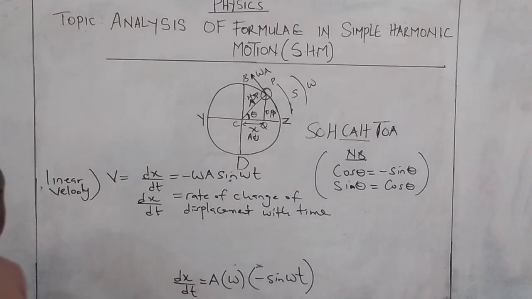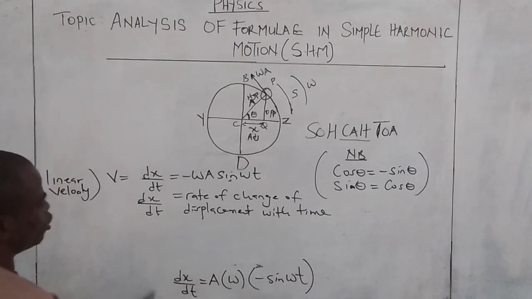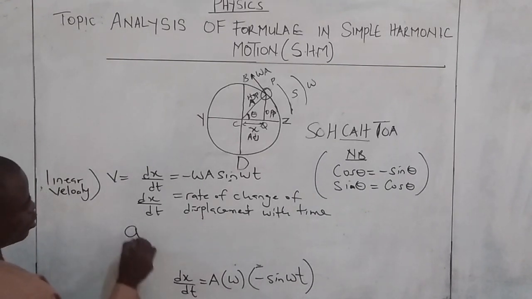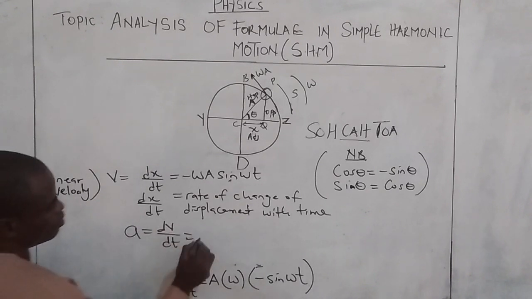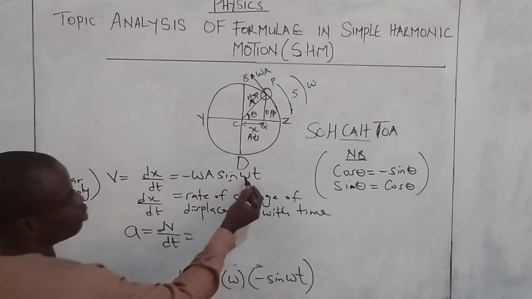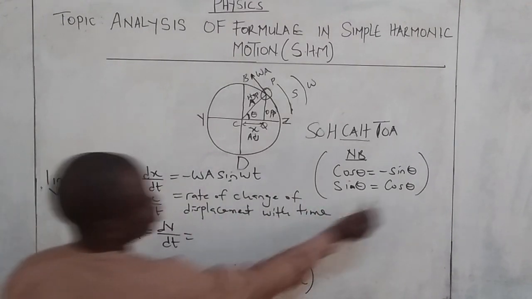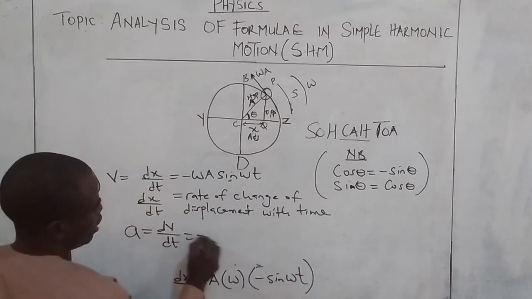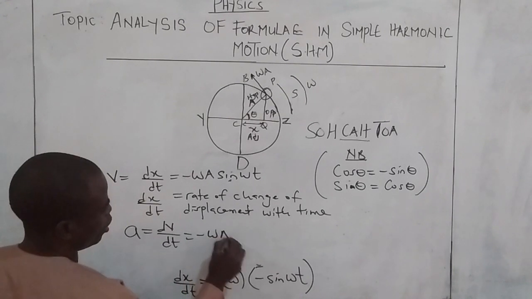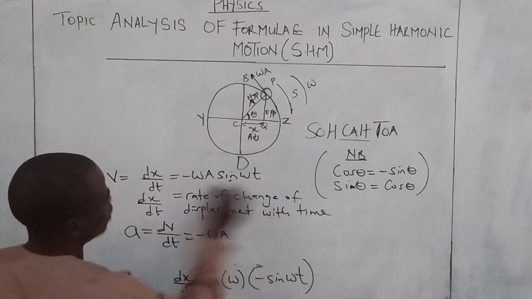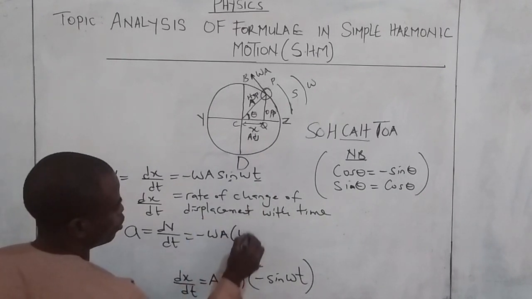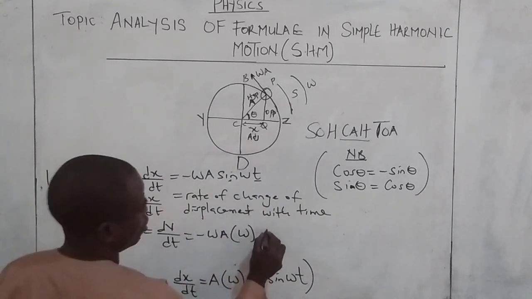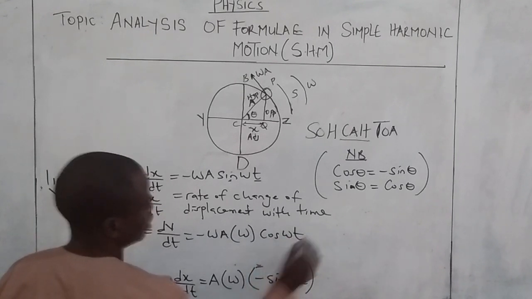Now, to get our acceleration, we differentiate velocity once again, dv over dt. When you are differentiating it, this w will come to the front, and this sine will change to cos. Now we have minus w A multiplied by w. We are differentiating with respect to time, so only this one will come to the front: w cos omega t.